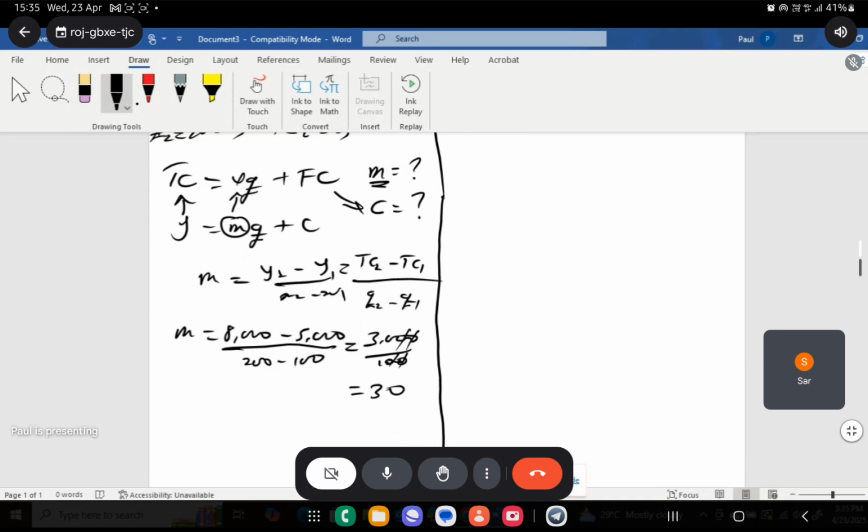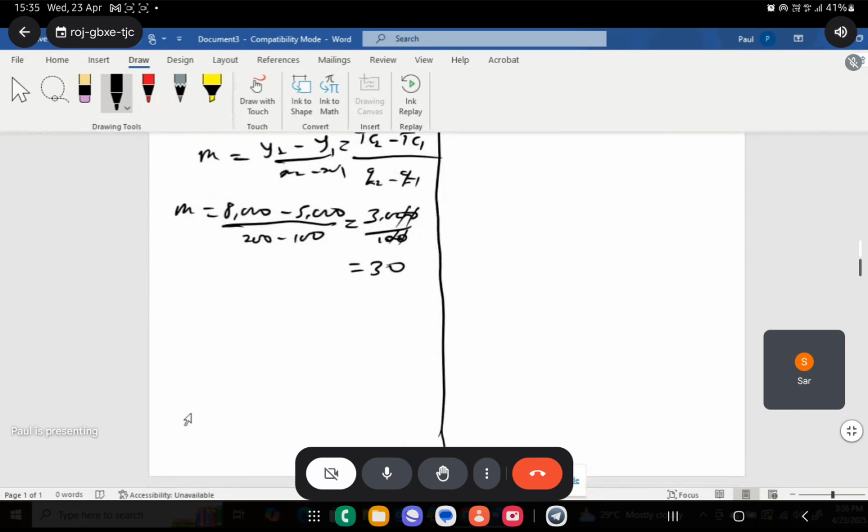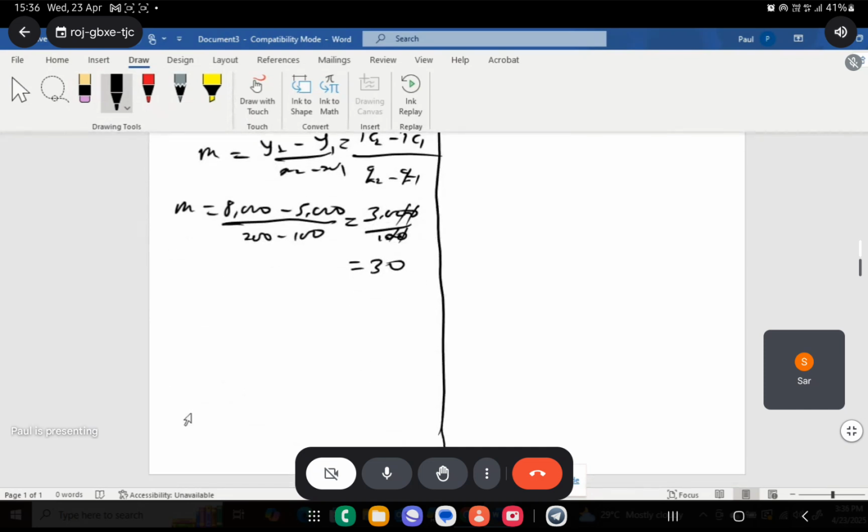So from here, we say our total cost is equal to M. Now we know our M. So we take one activity level. Let's say when Q is 100, TC is 5K.